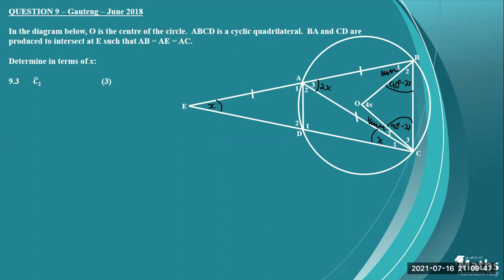So if I must work out this one and this one, what jumps to your mind here? Well, the fact that I can work with interior angles of a triangle. So I'm first going to say that this whole angle is equal to that one. Angle B1 plus B2 is actually equal to angle C2 plus C3.